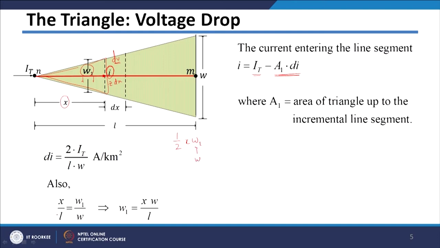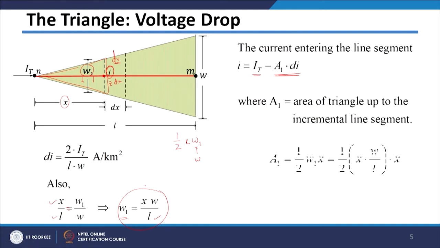So, x by L will be equal to w1 by w because they will be proportional. So, proportionality of x and L will also remain in w1 and w. From this I can write w1 will be equal to x multiplied by w divided by your L here. So, I can get w1 in terms of w.